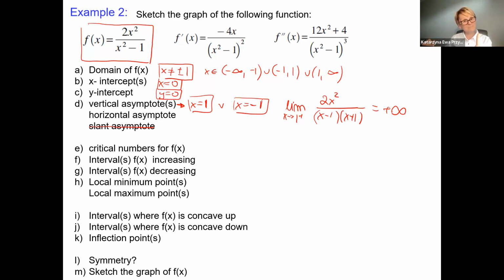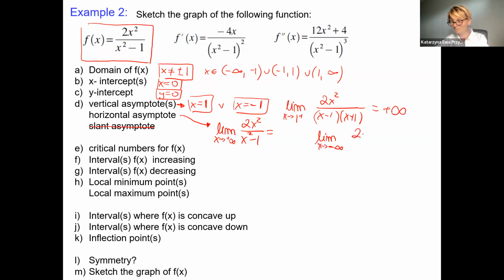Okay, horizontal asymptote. Does this function have a horizontal asymptote? For the horizontal asymptote, what limit do we have to find out? How the function behaves at the endpoints, limits at infinity. And I think at positive infinity and negative infinity it is the same limit.